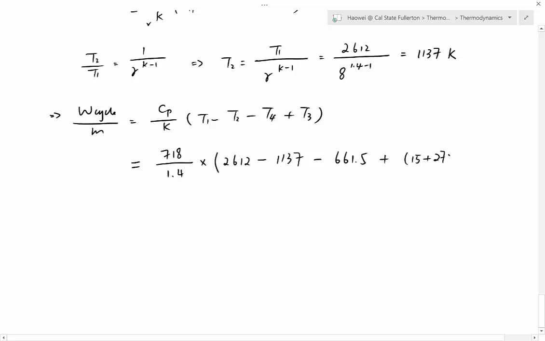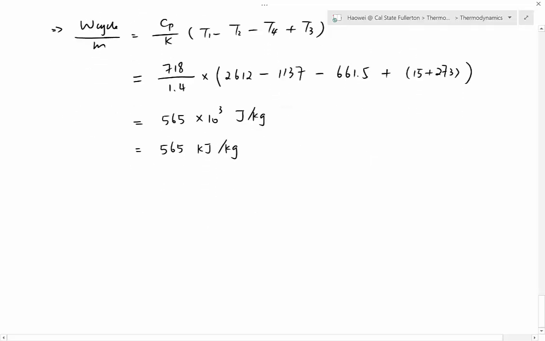So convert it to Kelvin by adding 273. And then the final solution is 565 times 10 to the third, SI unit joule per kilogram. So one more step, it's 565 kilojoule per kilogram. That is the solution to W cycle per unit mass.